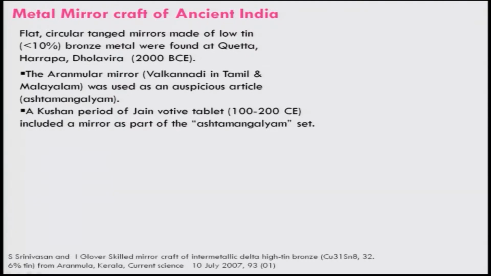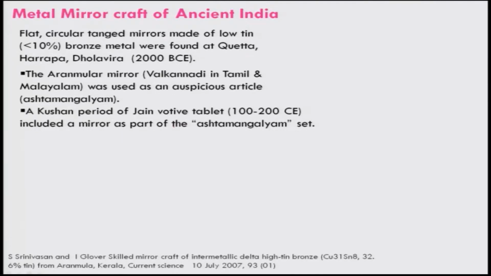The Ashtamangalam is used not only in the south, even in the eastern side, and this tradition was continuing from around 100 to 200 CE, as we have got something from Jain votive tablets, which were from the Kushan period, and they included a mirror as a part of the Ashtamangalam set. So, this metal mirror was used as a part of our culture.